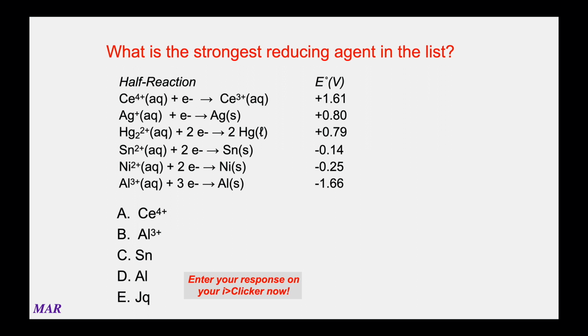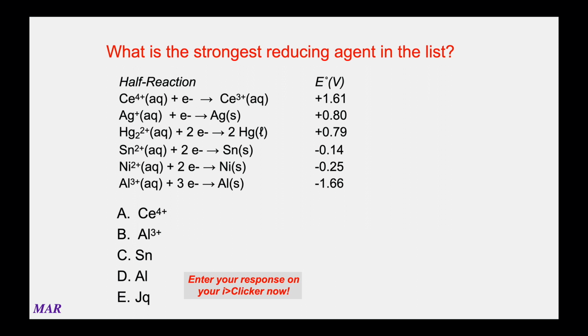Delta G is the way to tell which one is the strongest, and delta G equals minus nFE. So what that tells a scientist is that positive E values will give negative delta G's. And if you want the strongest one, that means you want the most spontaneous, the most negative. That would mean the most positive E cell potential is what you're after.